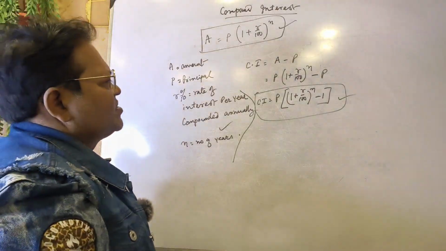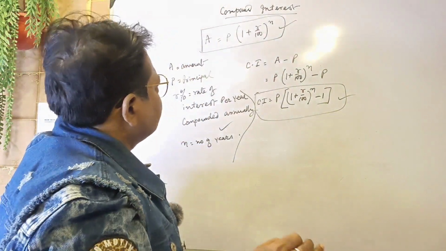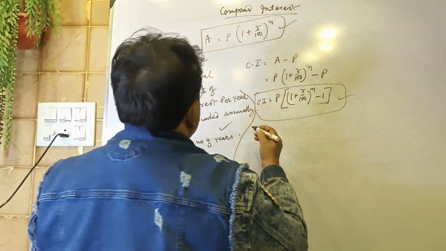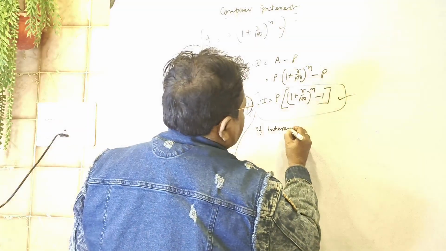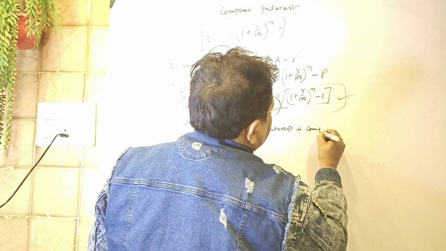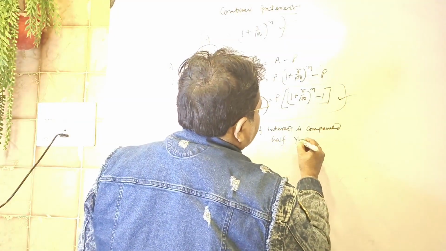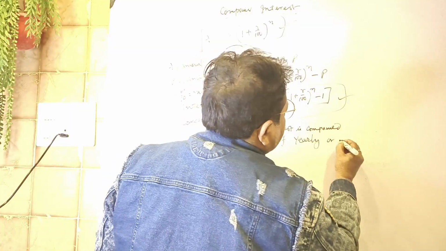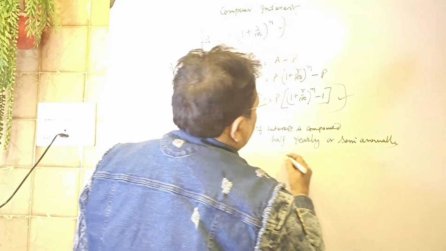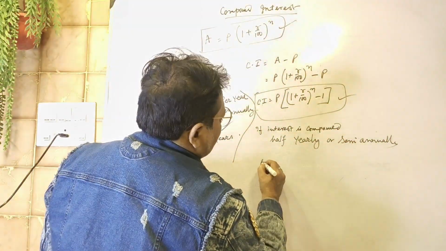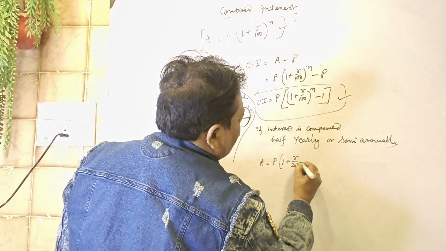This formula is utilized when interest is compounded annually. But if interest is compounded half yearly or semi annually, then the amount will be written as P into 1 plus R by 200 whole to the power 2n.